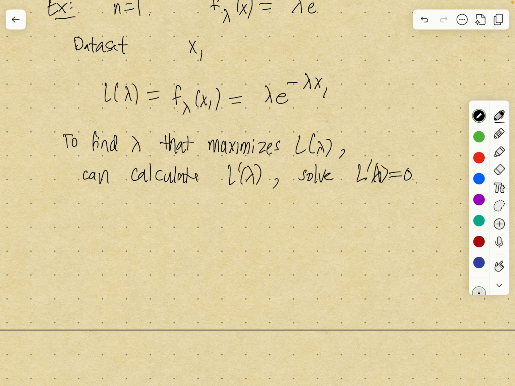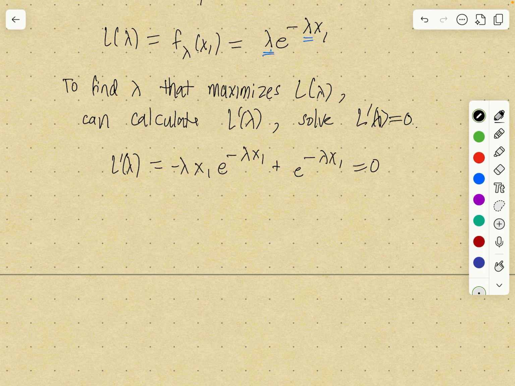All right, so let's take the derivative. So L prime of lambda, we have to use the product rule, because remember we have our variable showing up here and here in the product. So it's going to be first times the derivative of the second, so it's going to be minus lambda x1 e to the minus lambda x1, right? And then plus e to the minus lambda x1. So you set this equal to 0.